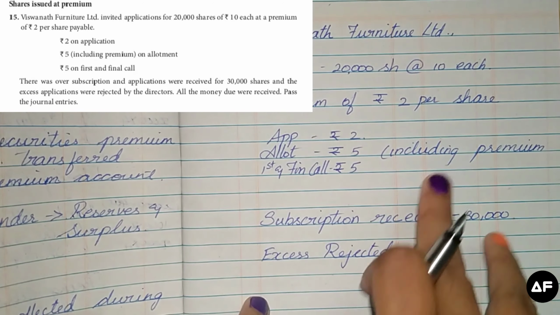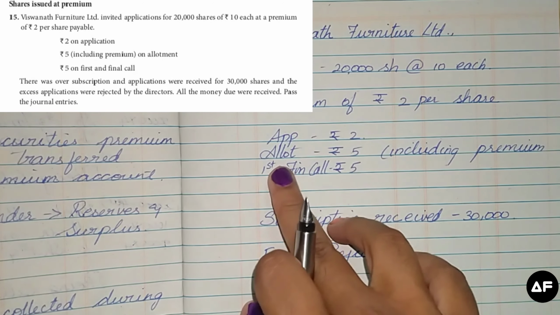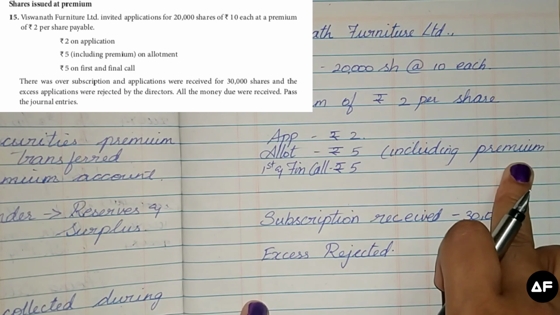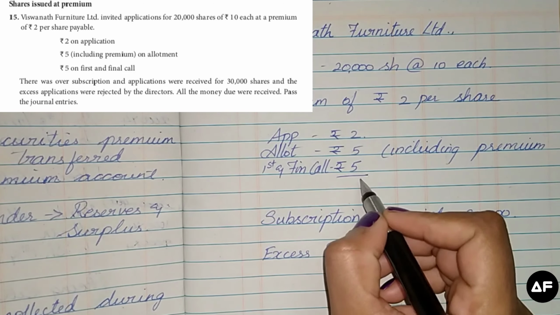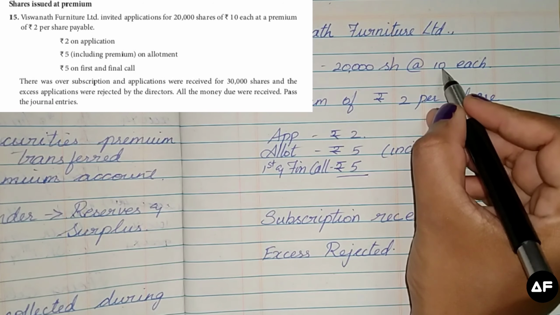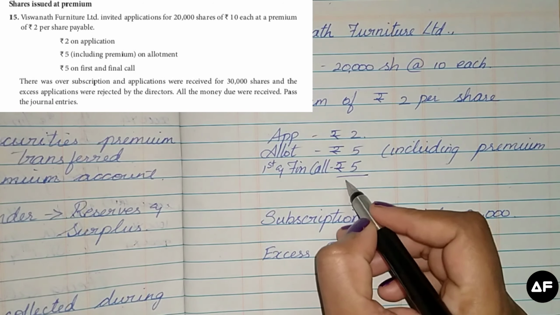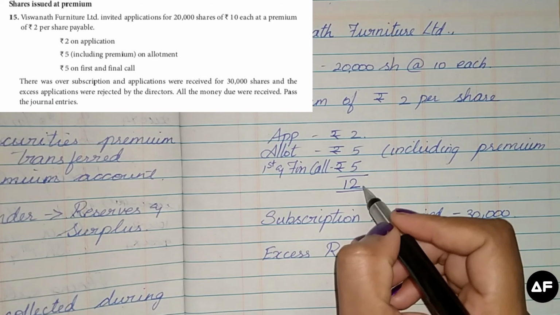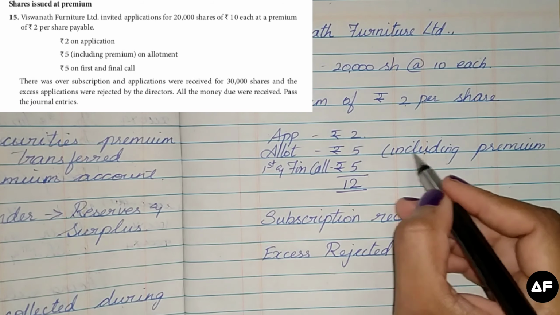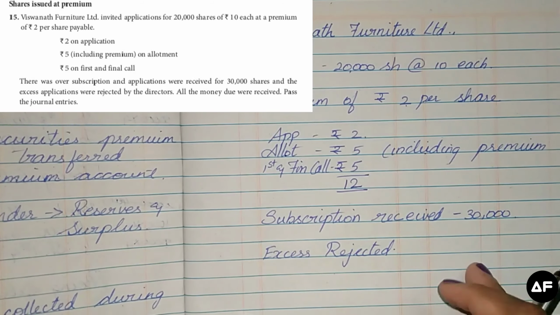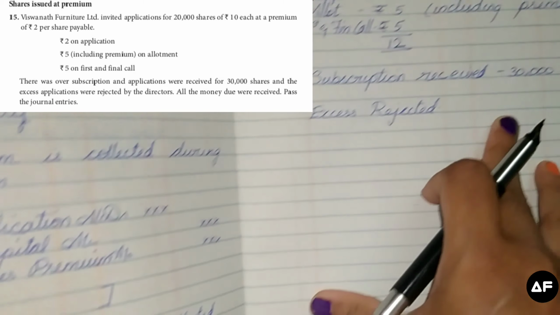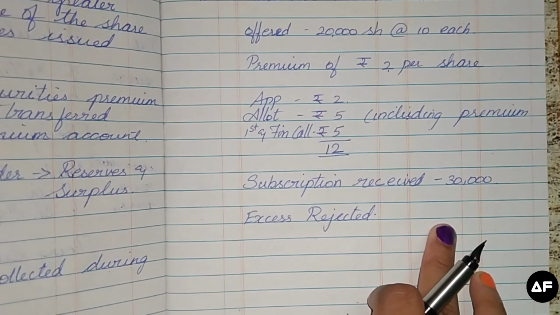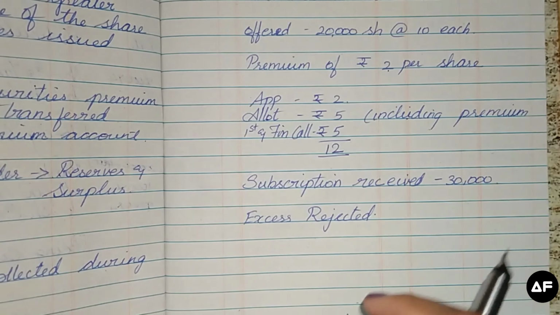The breakup is application 2 rupees, allotment 5 rupees which includes premium, first and final call 5 rupees. In the previous sums, adding up gave the face value of 10, but now you get 12 rupees, because this 2 rupees is included during allotment. Therefore, we must take the second journal entry, as the premium is received during the allotment process.